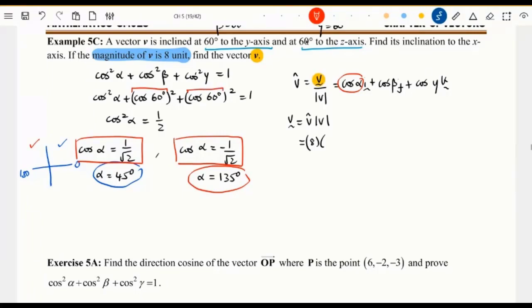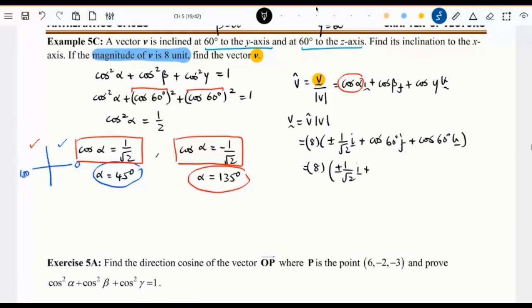Can we find it? Boleh. Boleh, macam mana? Okay. Ini untuk cos alpha, dia ada plus minus 1 over square root 2 i. Okay, cos beta adalah cos 60 degree J plus cos 60 degree K. Okay, so dia sama dengan 8 kali plus minus 1 over square root 2 i.